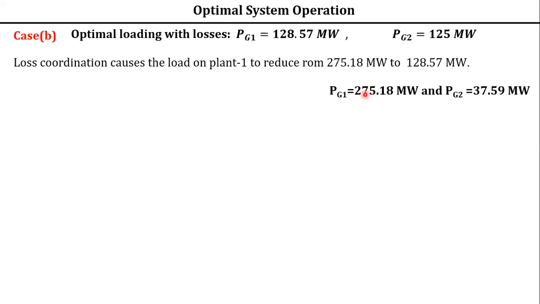So at plant 1 the generation has reduced from 275 point something to 128.57. Understood?